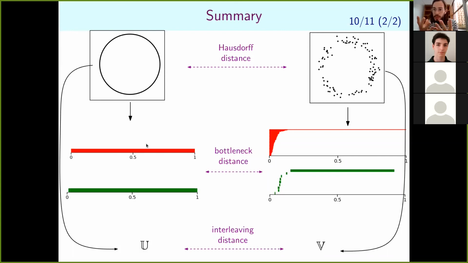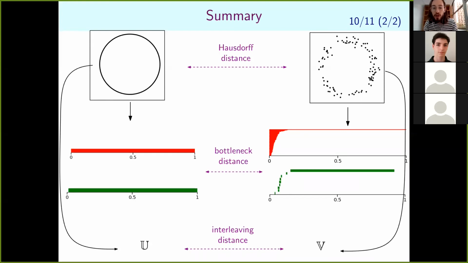And so, a word about this theorem. It is so important because it allows basically to use persistent homology in practice. Because what is the problem with combinatorial algebraic methods in practice is that they are very unstable. If you have one noisy point or something like that, you could obtain very different results.